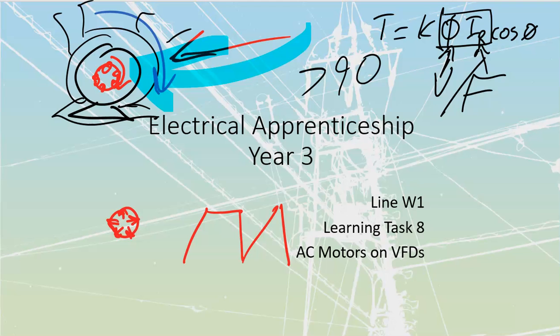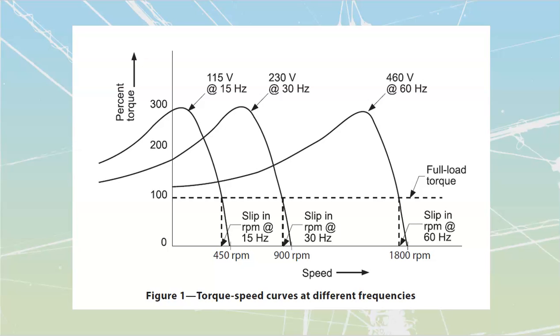Torque characteristics of these motors are going to be consistent, provided that I maintain that VF ratio over here. And what we see is, I'm maintaining that this is what the motor is rated for, 460 volts, 60 hertz, and that I'm going to have at that a certain amount of speed that it's going to be rated for, 1800 RPM, which would be its synchronous speed. And obviously I'm going to have some sort of a slip that's going to happen between the 1800 down to where this thing is actually going to be operating, right?